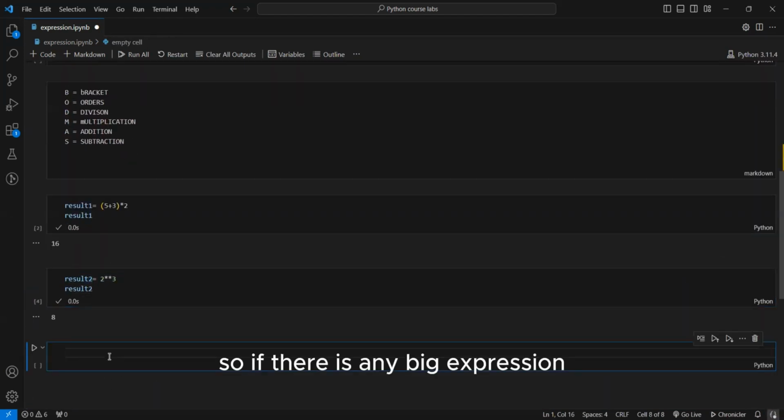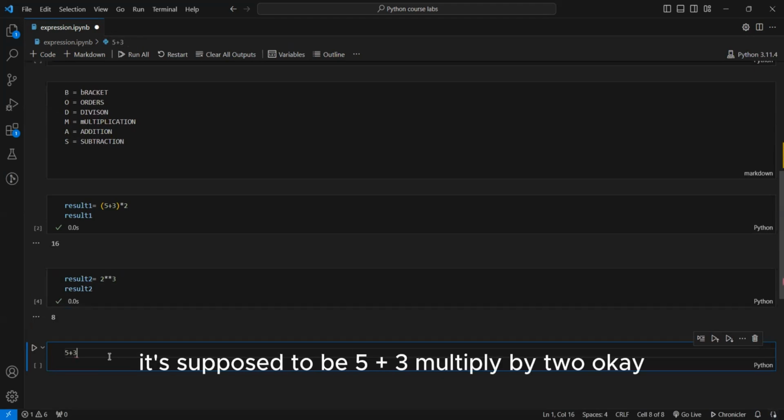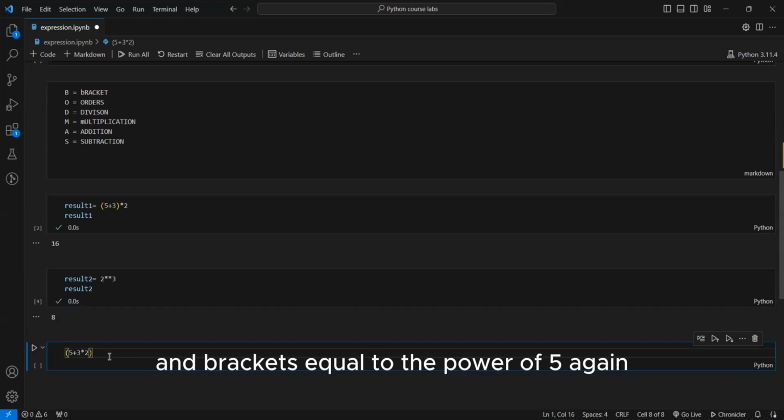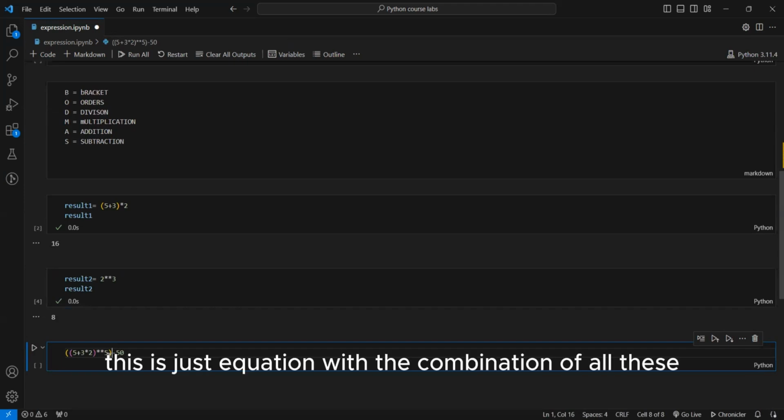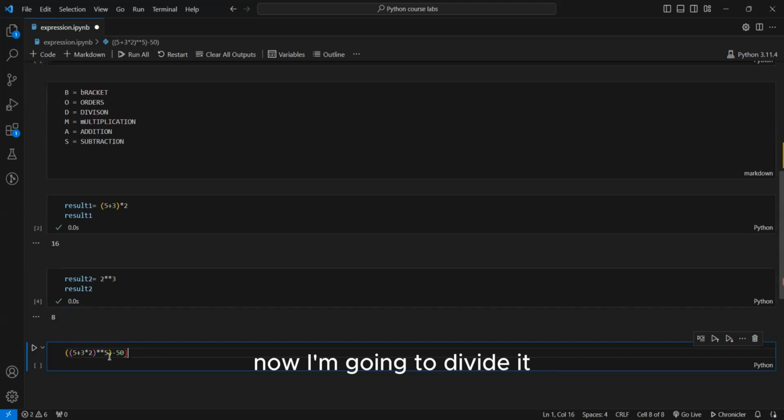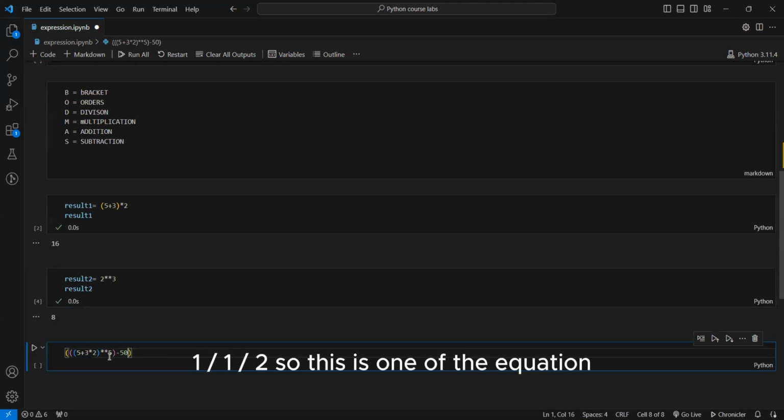If there is any big expression using brackets and all, let's suppose 5 plus 3 multiplied by 2 in brackets, to the power of 5, again in brackets, minus 50. This is just an equation with the combination of all these. Now I'm going to divide it by 2.